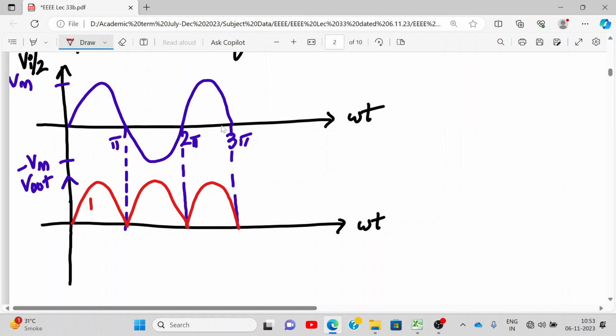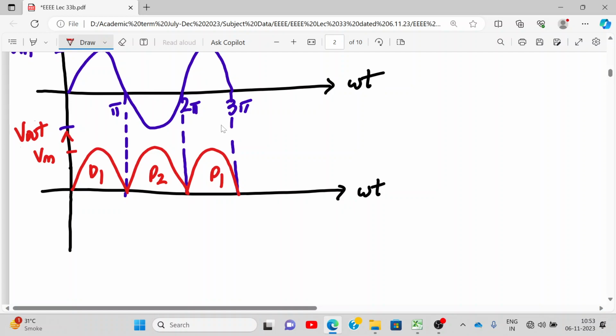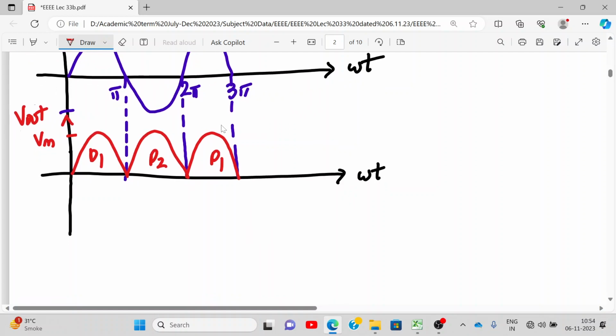So here D1 is on, D2 is on, D1 is on, and the cycle continues. This voltage over here is Vm, and this is Vout. This is the output waveform for a full wave center tap rectifier.